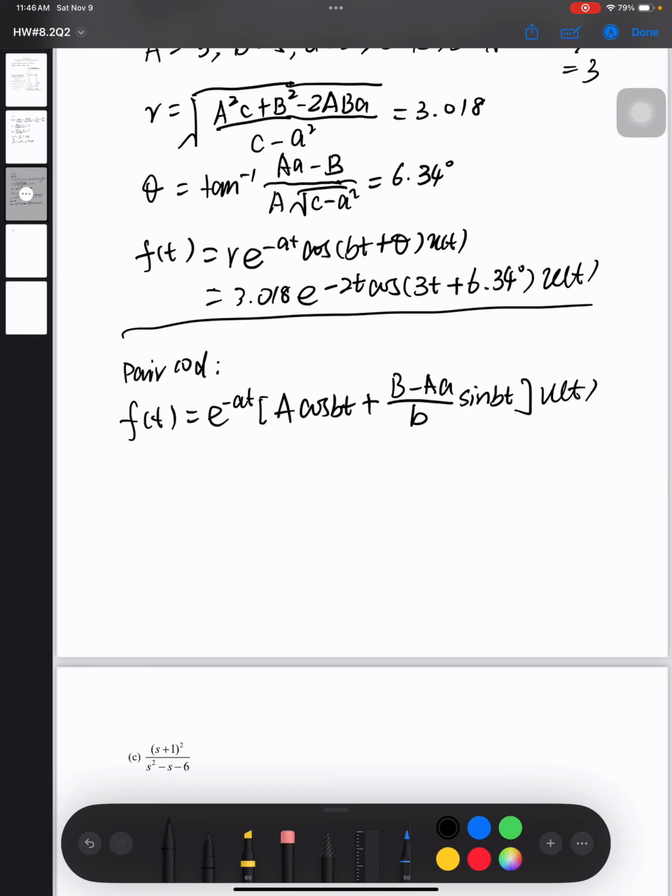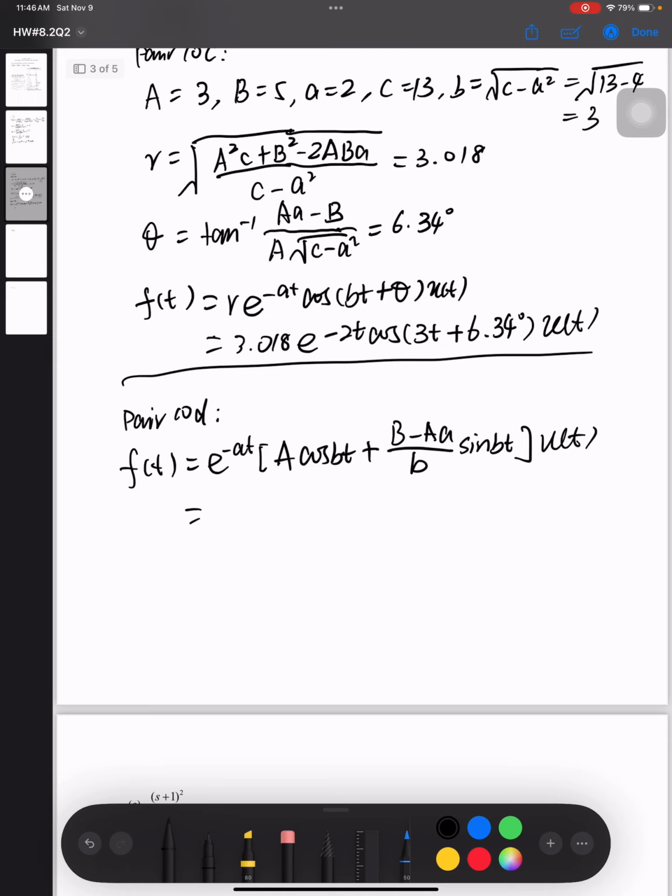And so it's just bringing all these parameters into this expression, like e to the minus 2t, capital A is 3, cosine 3t plus capital B, which is 5 minus capital A times small a, 2, which is 6, over small b, which is 3, sine 3t, u(t).